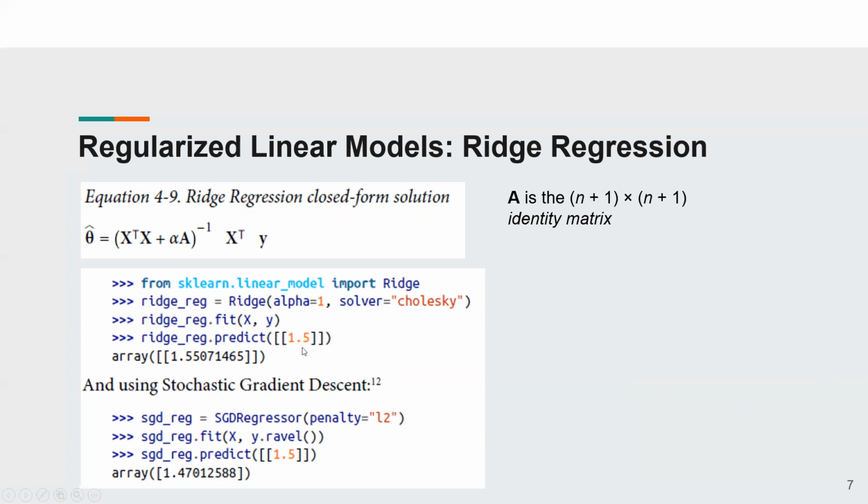When x is 1.5, what is your corresponding estimate of y? Or you could also use the stochastic gradient descent SGDRegressor with penalty equal to L2 to run ridge regression. With that being said, you would probably be wondering, what is L1?